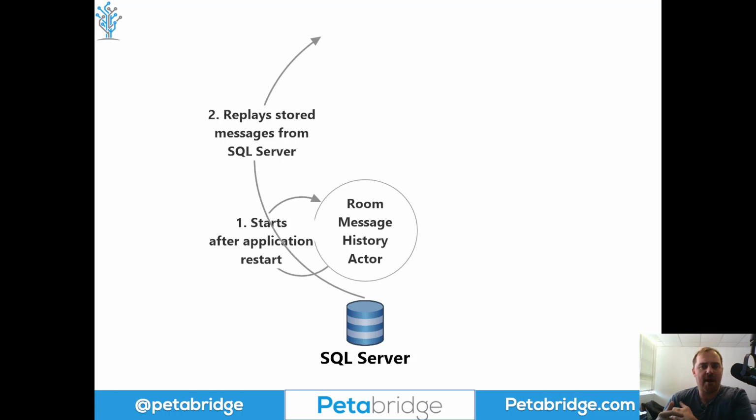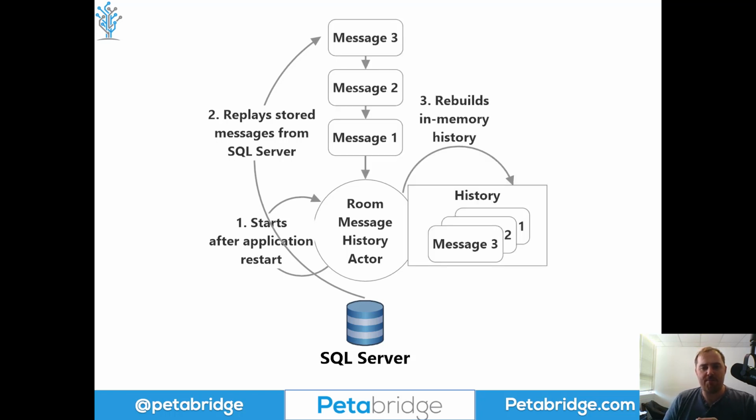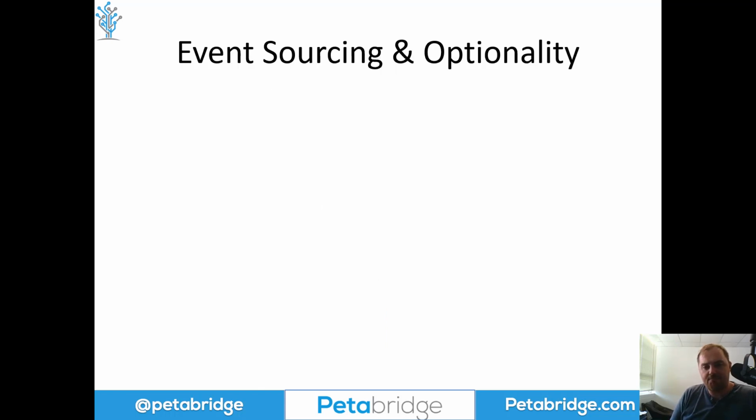It'll get that value, and it'll replay all of its messages that are stored in the journal until it gets complete state recovery. So everything that was persisted previously in the journal has to be rebuilt in memory in order to allow this actor to do its job. So this is kind of the basic tenets of what event sourcing looks like as it's implemented in Akka.NET.